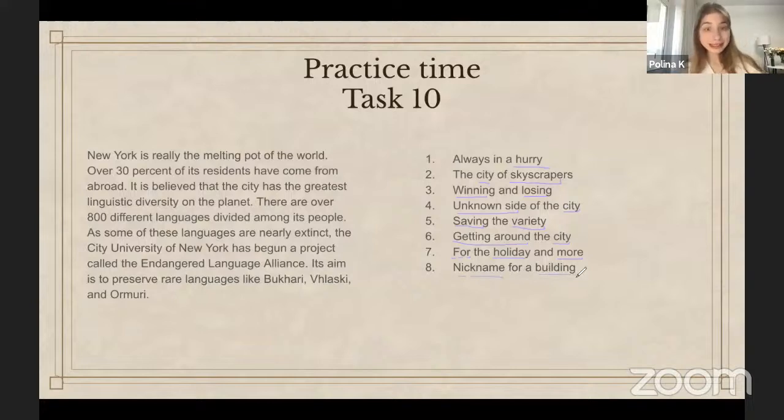I'm going to give you a minute now to look through this passage and try to choose which heading you think suits, okay? Just analyze it. Remember about topic sentences, conclusions.